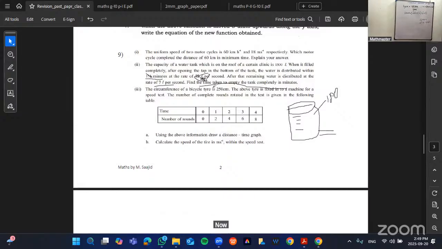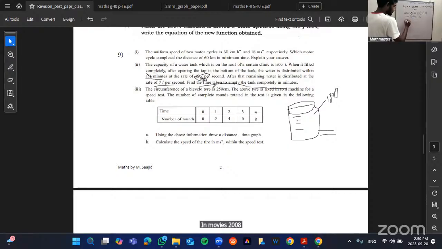Now you have to simplify this expression. Here it is 1500 liters equals 12 into 90. 12 times 90 is 1080, plus 7 into time T. Then move this 1080 this side.